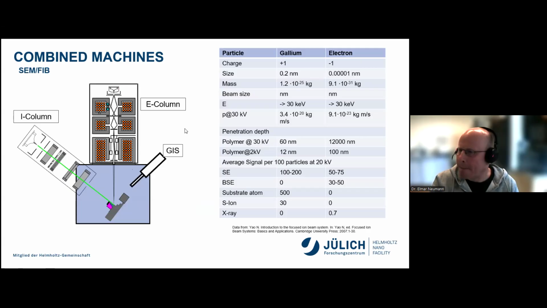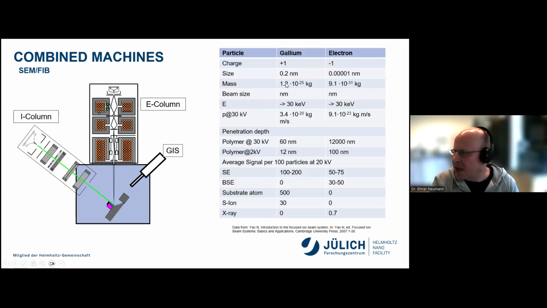Of course, there are combined machines possible and available commercially nowadays, so that we have both combined in one machine. A SEM-FIB in this case, we have an electron beam column and an ion beam column combined in these machines, so that we can make use of both of these effects.